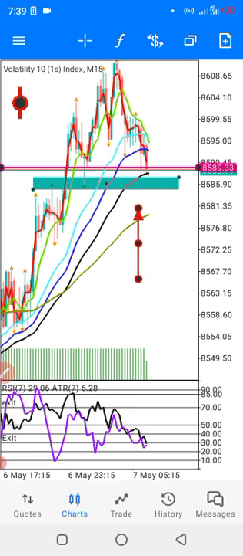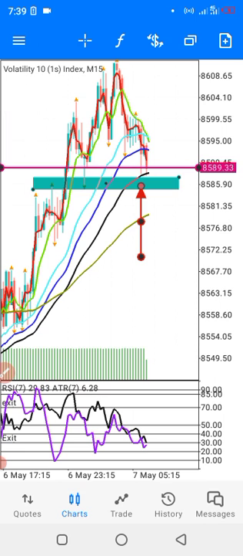I just want to point out that it's now at my 50 moving average, and there will be another reaction. You see another reaction of a buying movement. It's going to react a bit upward. It's going to react, like you can see, because of this moving average.